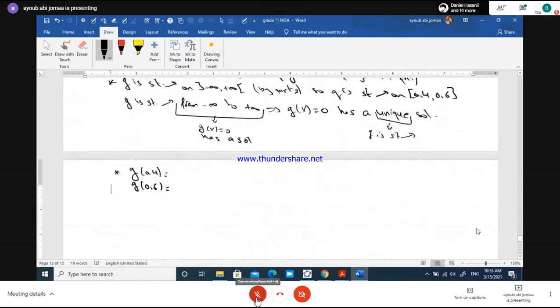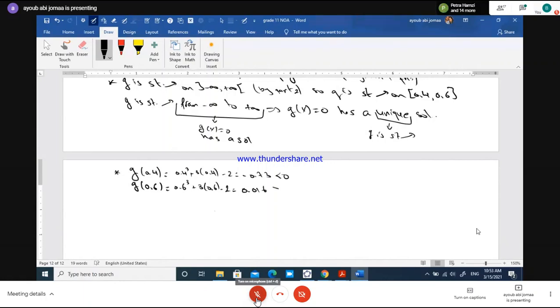g of 0.4 it's 0.4 power 3 plus 3 into 0.4 minus 2. What will be the value? Minus 0.73. It is negative. And g of 0.6, أكيد positive. Find the value, please. 0.016. صح.